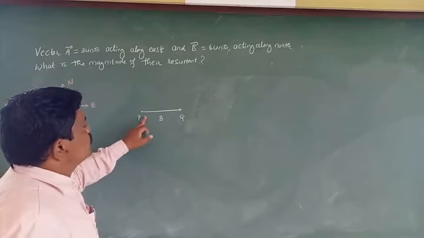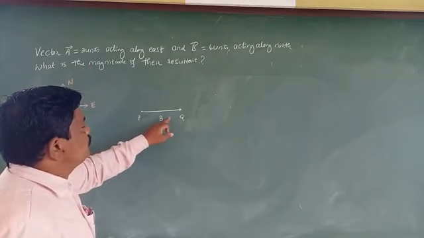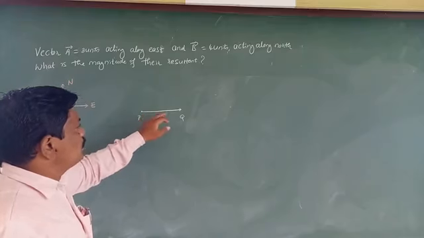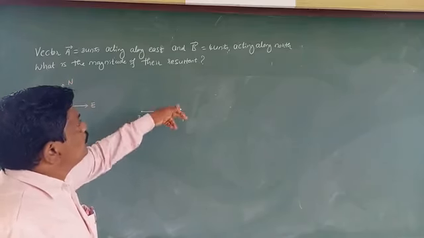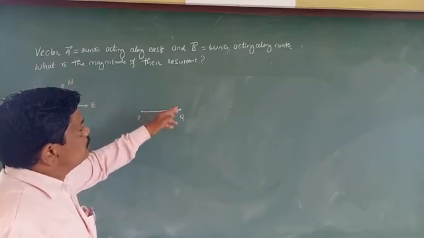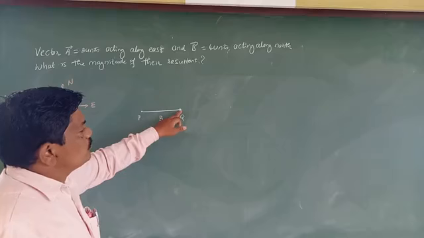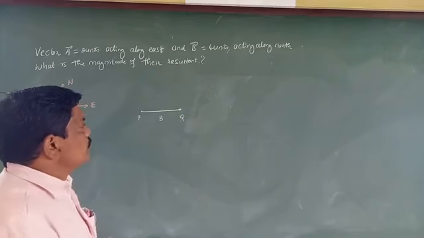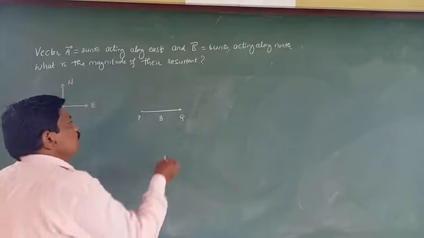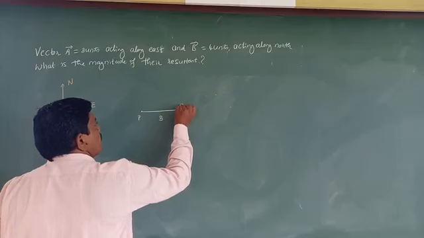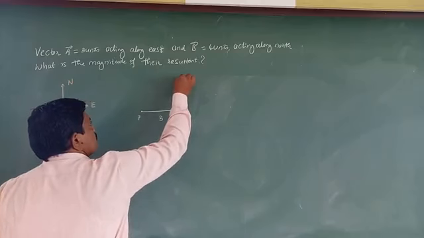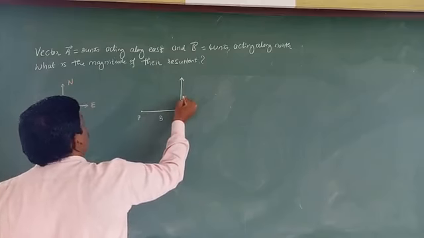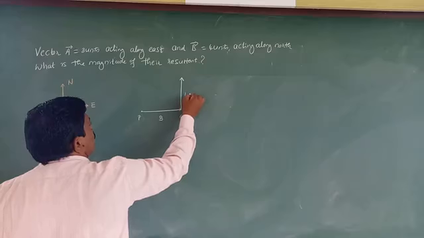For vector A equal to 3 units, its initial point is P and terminal point is Q, and you have to start the second vector from the terminal point of the first vector, as the initial point of the second vector. So this one is towards north, which is 4 units.